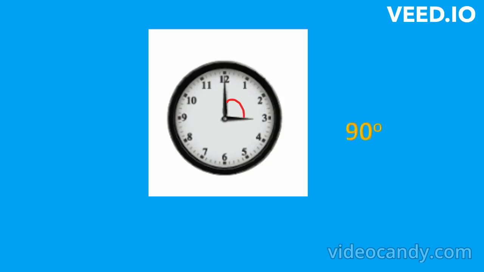So this angle is 90 degrees. Can you see that? They are perpendicular. This is a right angle. Right angle means 90 degrees. This is denoted by this symbol. The right angle.